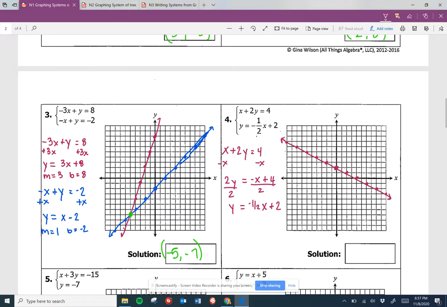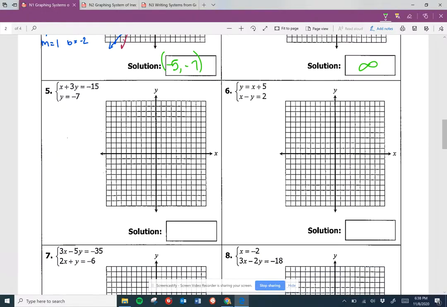Okay, couple more examples. I can see here I have my first line, x plus 3y equals -15. Subtract x from both sides, I get 3y equals -x minus 15, divided by 3, divided by 3, y equals -1/3 x minus 5.